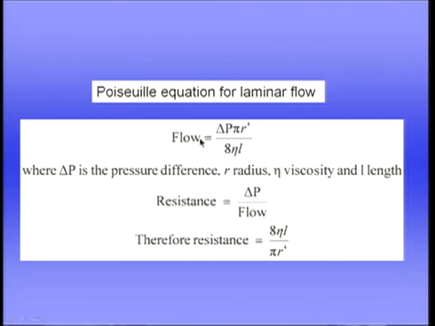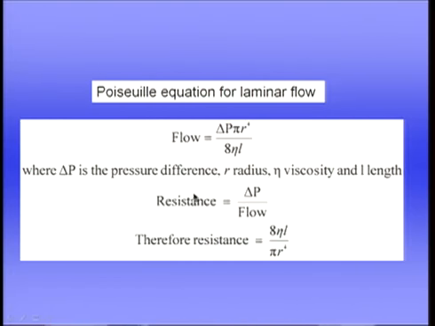You can see that it says that the flow in liters per minute is equal to the difference of pressure between the two ends of the tube, delta P, times pi, times the radius to the fourth power, divided by a constant 8, the viscosity eta, and the length of the tube L. So you can see that flow is proportional to the pressure difference. It's inversely proportional to the viscosity and to the length, and it depends on the fourth power of the radius.